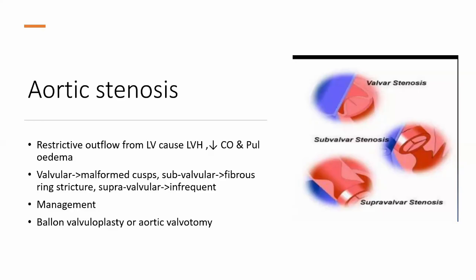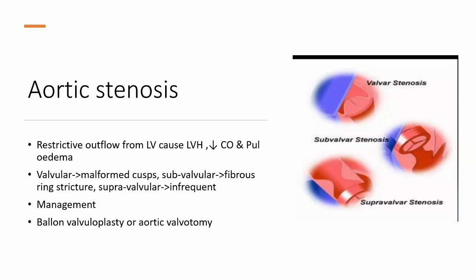And most children with mild to moderate aortic stenosis can be asymptomatic. Occasionally exercise intolerance may be present with all these children. And then exertional chest pain and fatigability and syncope may occur in children with severe degree of obstruction.